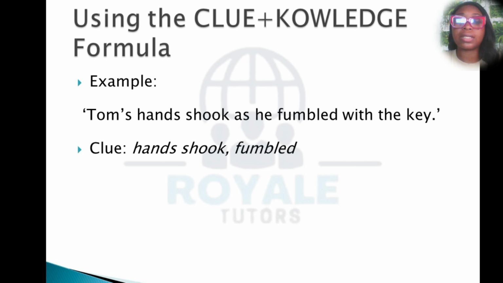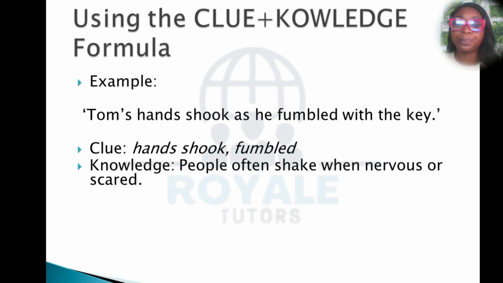How about the knowledge? What does hands shaking mean? What does fumbling with the key, what could it point out to you? All right, because that's the only way you can make your inference. Okay, so the knowledge of that is people often shake when nervous or scared. So when you're nervous or you're scared, it's possible that you shake, you're holding something, it's shaking in your hand, and so on and so forth.